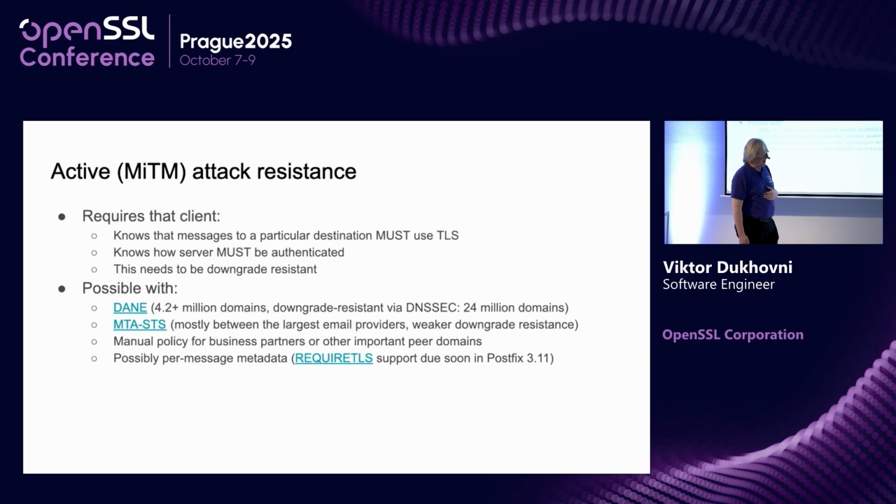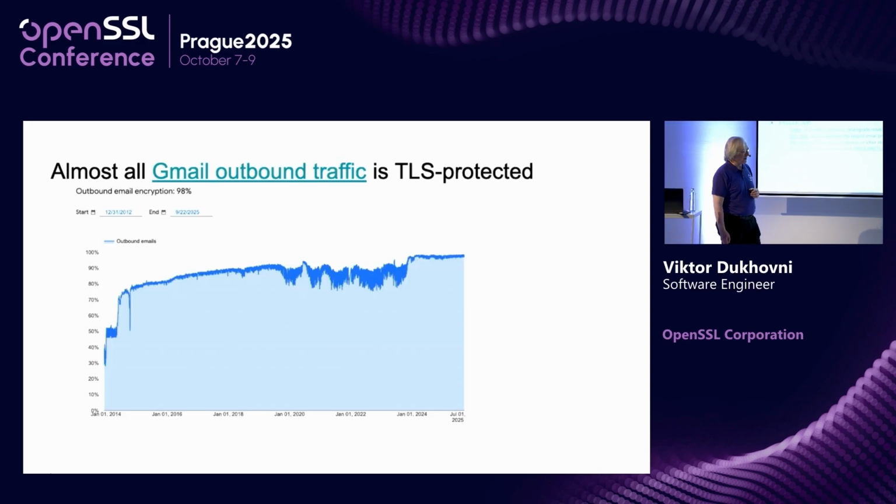The other is something called MTA-STS, which was cobbled together by Google and Yahoo and a few others, mostly because they were unhappy with DNSSEC. So they wanted to put together a kludge that avoided dependence on DNSSEC. And it's weaker and it's harder to deploy, but it serves their needs. And so communications between some of the major players uses MTA-STS rather than DANE. Although Microsoft is now deploying DANE, so we'll see what happens down the line.